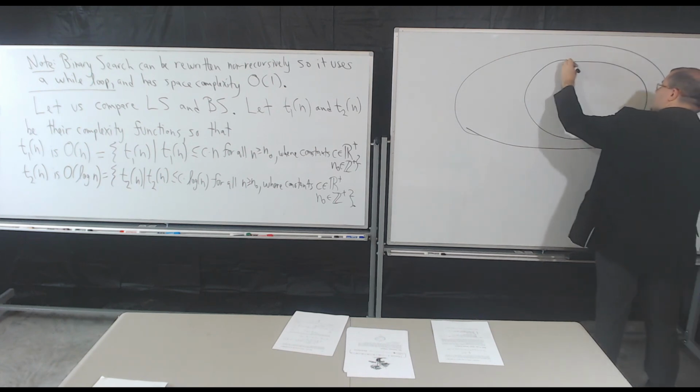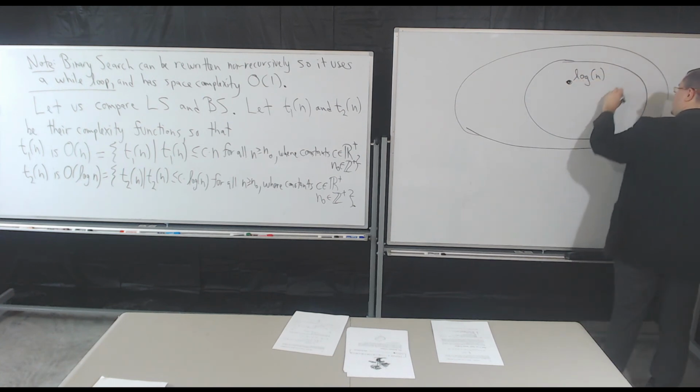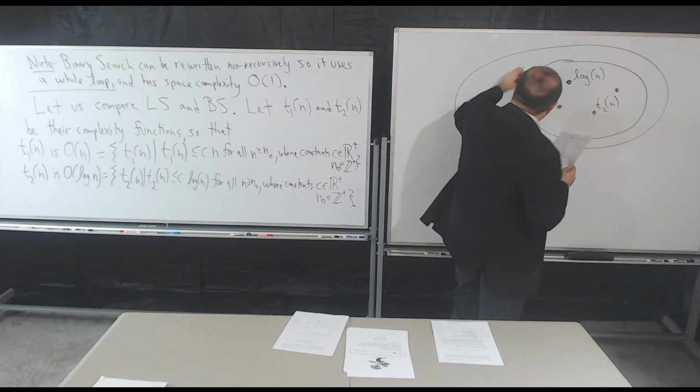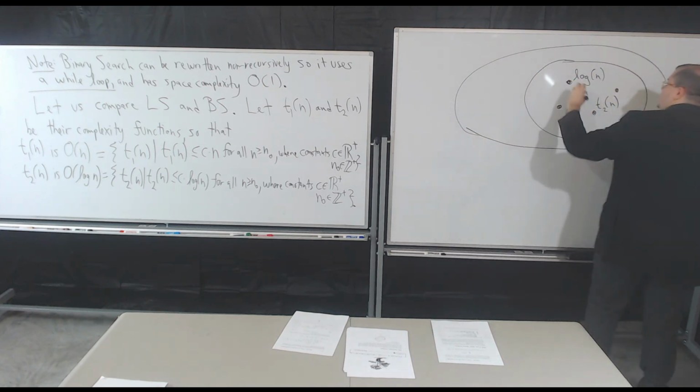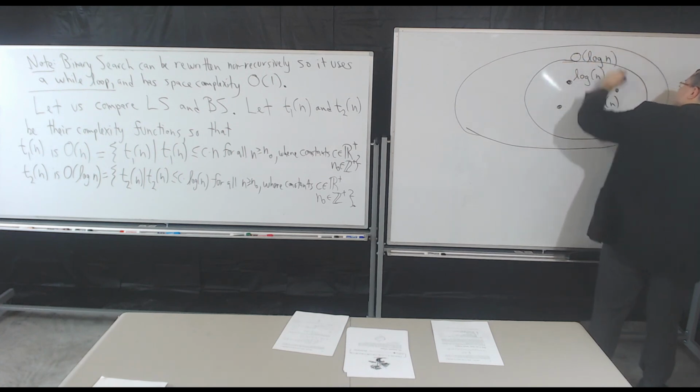This inner bubble is going to have functions like log n in it. It might have some other functions in here. The point is it has T2 of n in here. This circle is the set known as big O of log n.